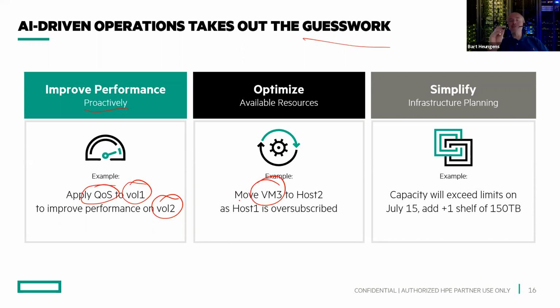And it's not the server that will give this recommendation. We can see it not only on storage, but on the network, on the server, up to the application, because we have cross-stack analytics.